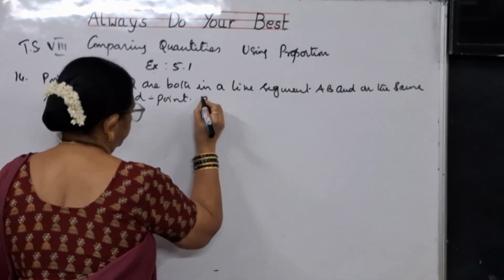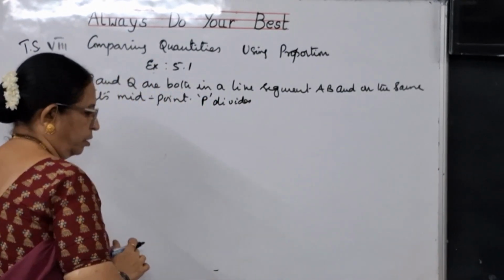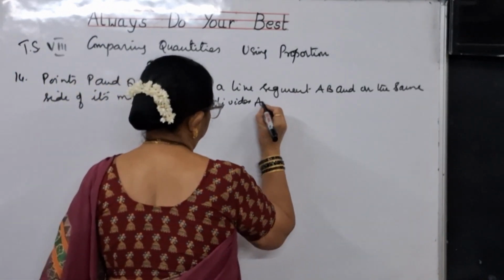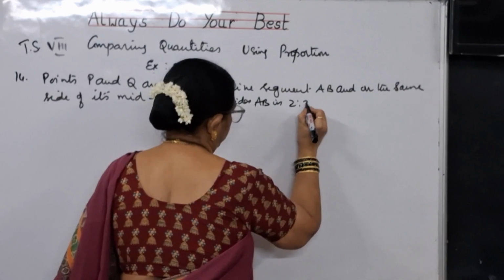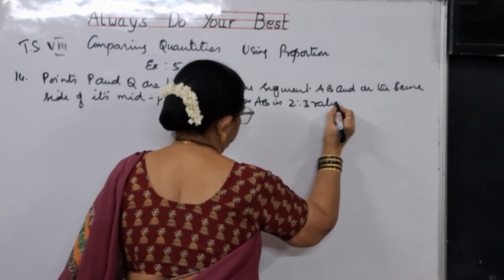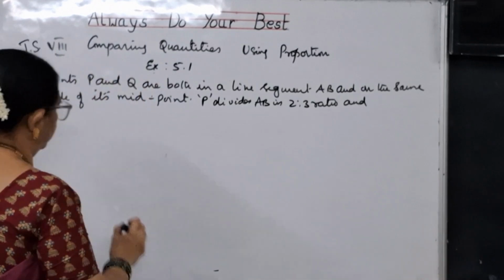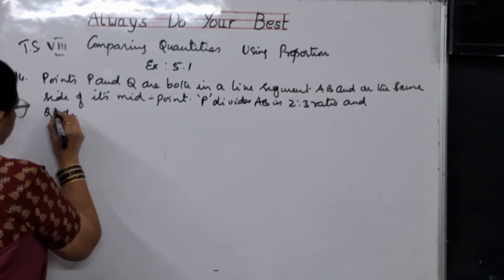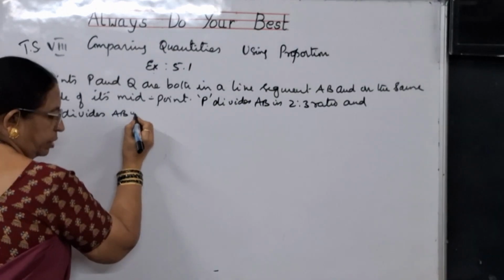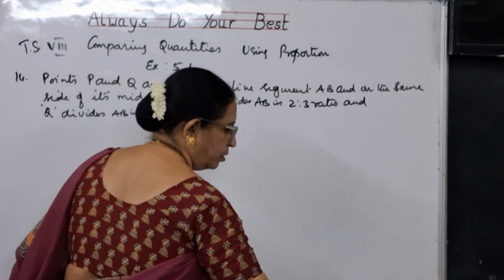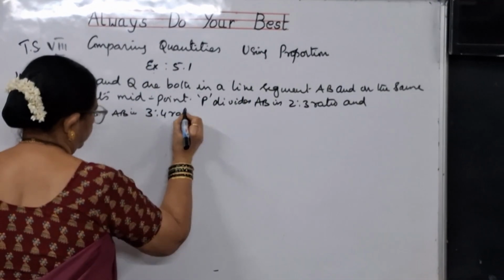P divides AB in a 2:3 ratio, and Q divides AB in a 3:4 ratio.